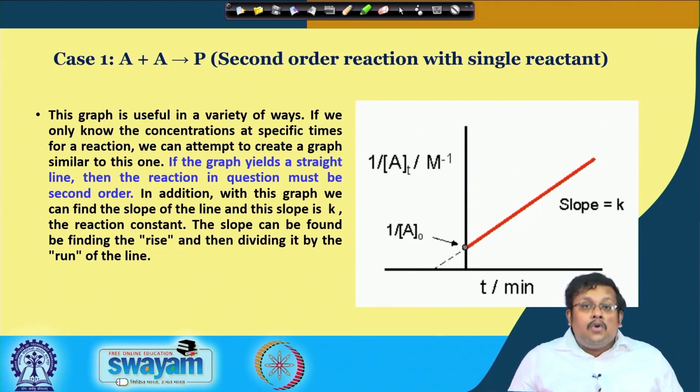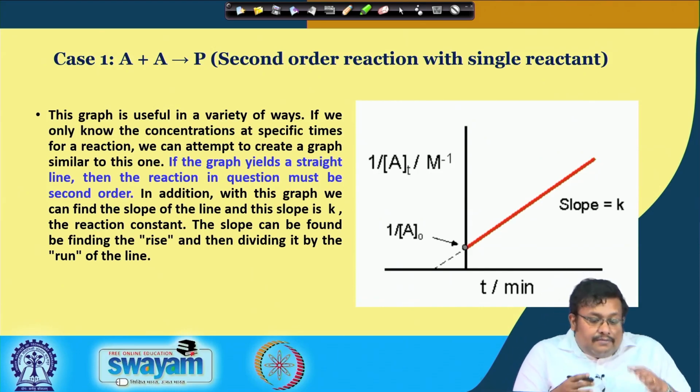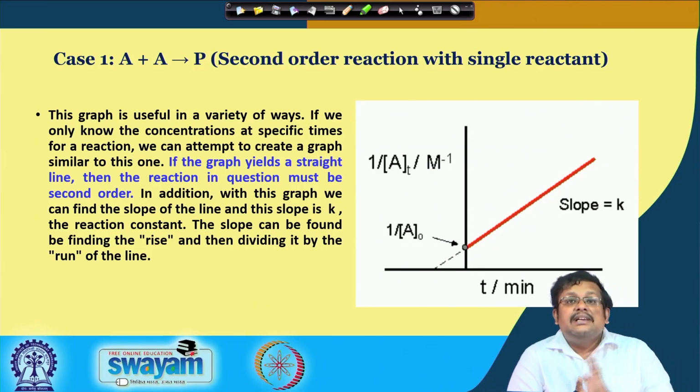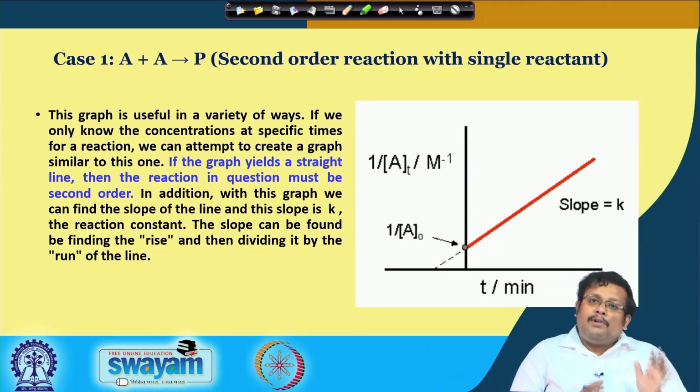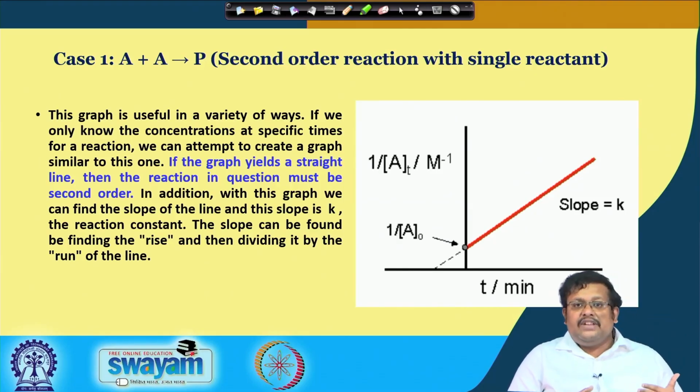If we know the concentration at specific times for a reaction, we can attempt to create a graph similar to this one. If the graph is a straight line, then the reaction in question must be second order. So, if we plot time versus 1 by concentration of a reactant and we get a positive straight line, then we can be sure that this is a second order reaction.